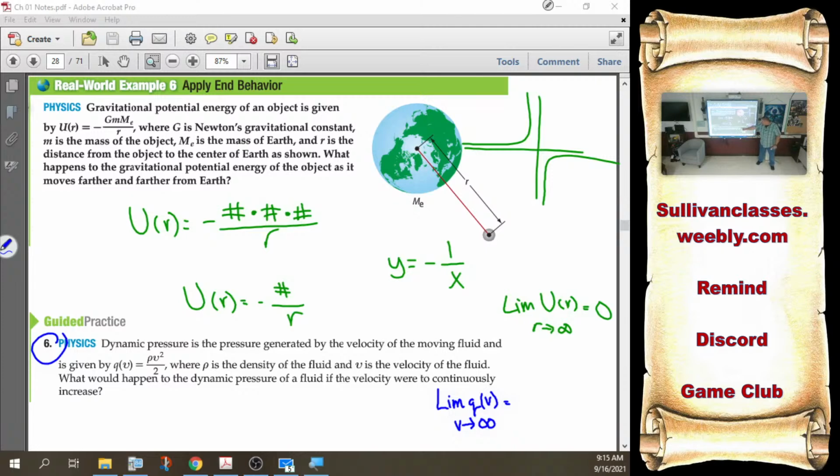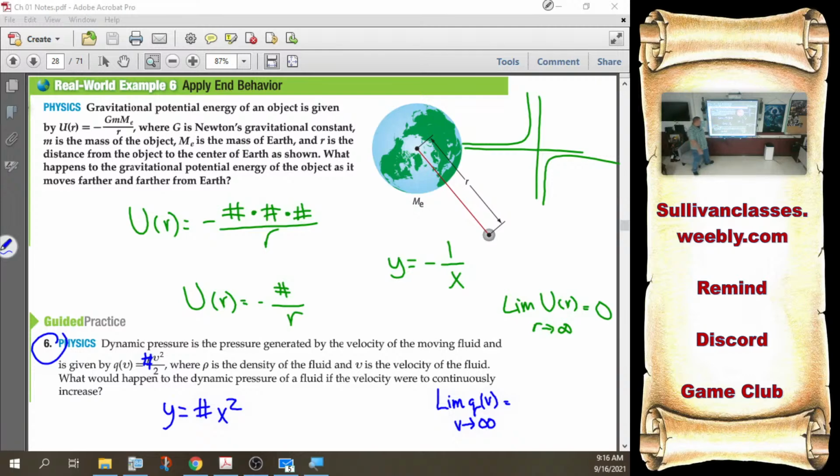They're saying, what happens if it was like the Hulk being able to whip his arm around like that? Instead, what happens as the velocity keeps increasing? What's going to happen to the pressure? Infinitely increase. Because this is just a number. This is a really fancy version of number x squared.